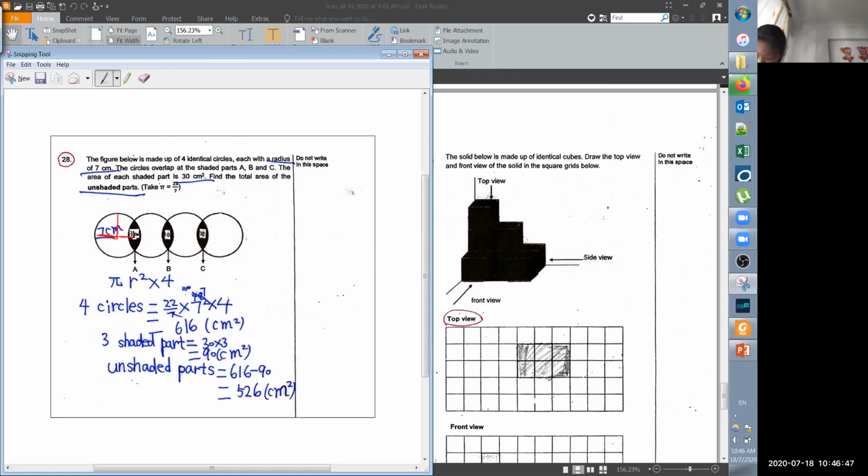And you can actually see that they form rectangles, right?